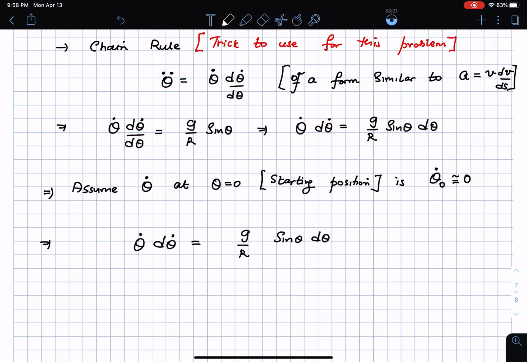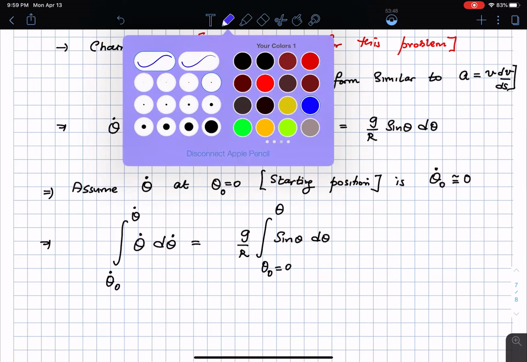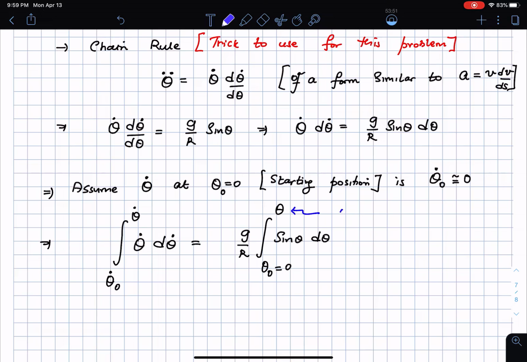I'm going to integrate this on both sides. I'm going to start off with theta dot naught and go all the way to theta dot, and theta goes from theta naught, which is 0, to some theta. In reality I should be using a dummy variable here. To be more rigorous, we need to use the integration dummy.